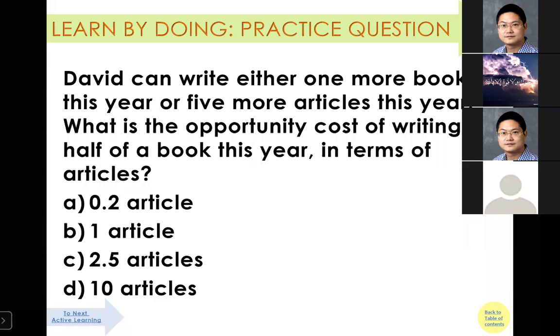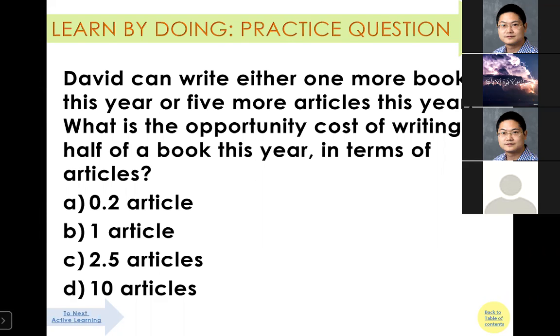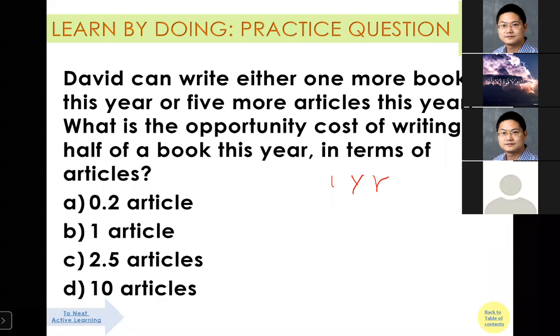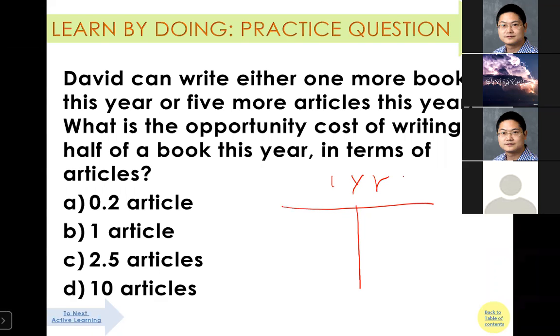The second question. David can write either 1 more book this year or 5 more articles this year. What is the opportunity cost of writing half a book this year in terms of articles? Let's break down the numbers. In 1 year, he can either write 1 book or write 5 articles.